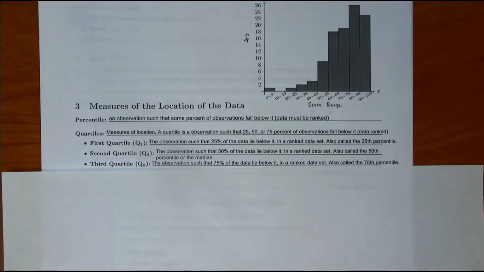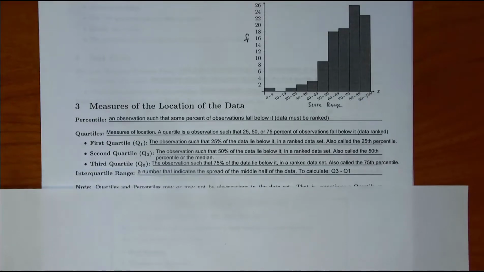Okay? It is the score such that 30% of scores are less than it. So the third quartile is some observation such that 75% of the observations are below it. 25 or above, 75 or below. Okay?